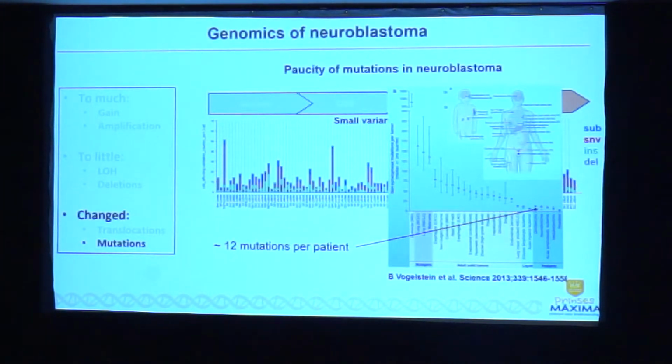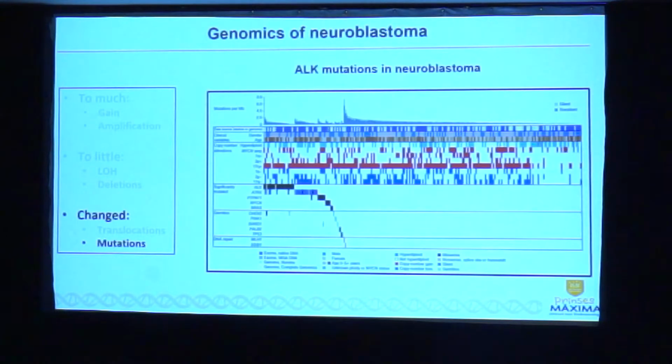Well, it wouldn't be a problem if these were all strong tumor-driving mutations, but when we look at the results from the Pugh paper, the group of John Maris, we see in this quadrant the mutations in all the different tumors, and all these tumors have nothing that drives them.